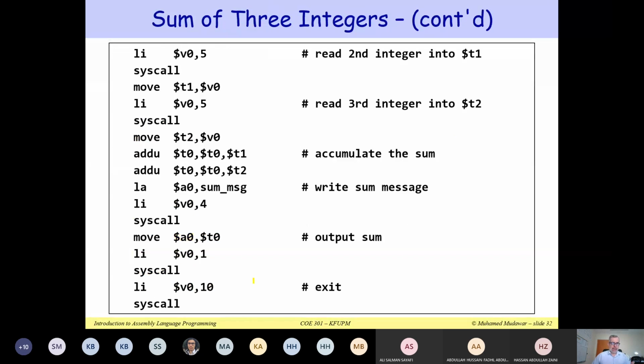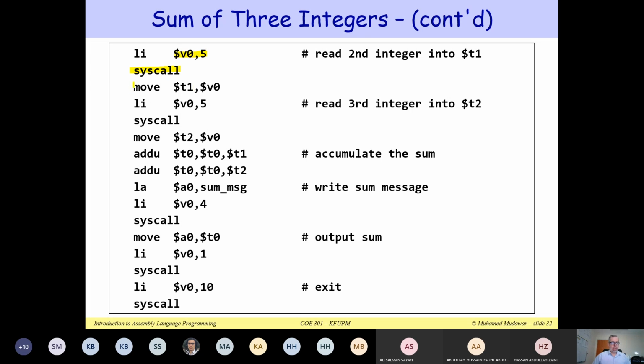Next, we are going to read the second integer. So again, load immediate V0, 5. 5 means this is service number 5, which is reading an integer. A second system call. Again, wait for the user to enter a second integer value. Once the user has entered the digits of this integer and presses enter, the system call is going to convert it to binary and store it again in V0.